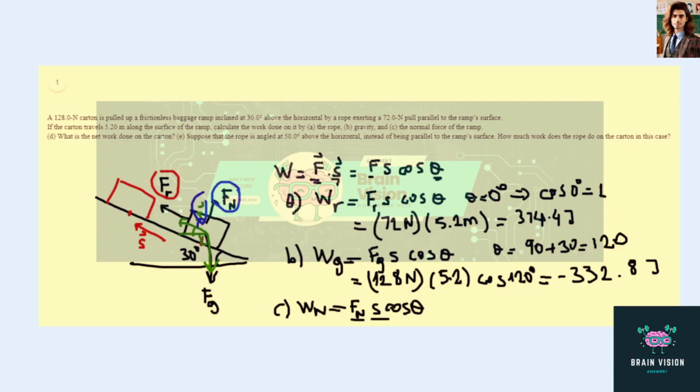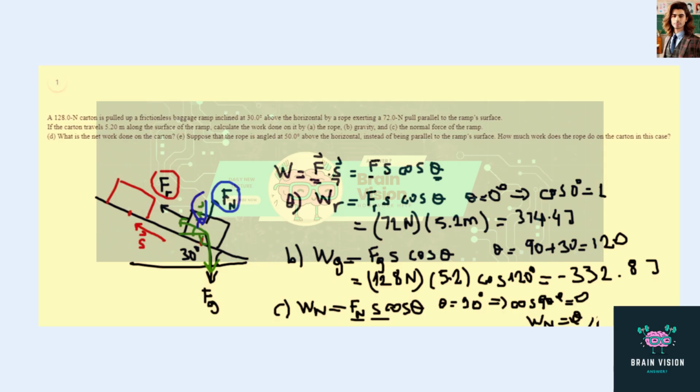As you can see, there is a 90-degree angle between these two vectors. So our theta is 90 degrees here. Cosine 90, as you all know, gives you 0, which then makes the work done by the normal force 0.